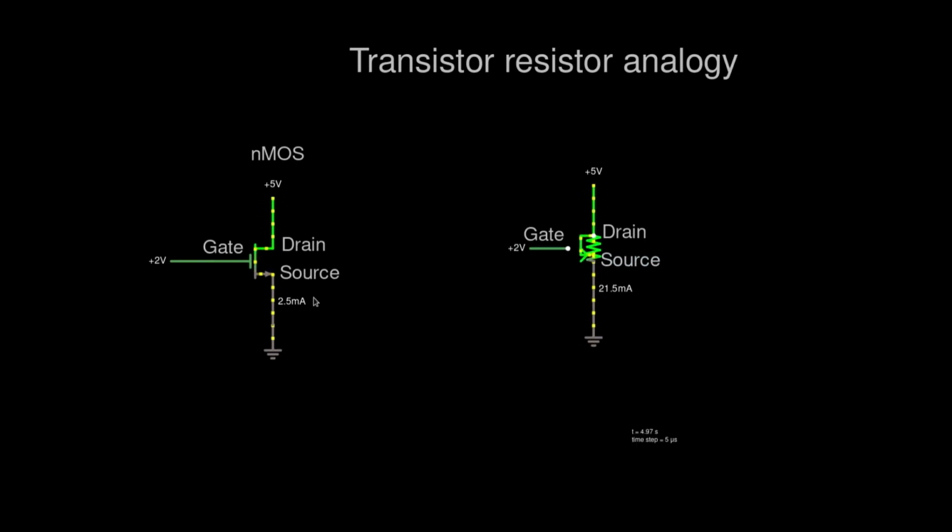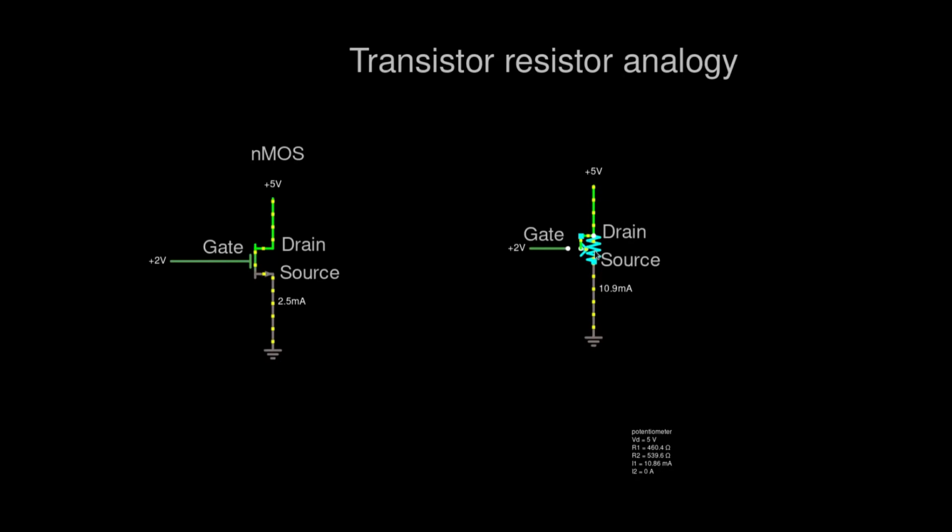And we have 2 milliamps here, so we have to increase the resistance. We can see the resistance down here in the resistor parameters, and we have to look at the R1 values.